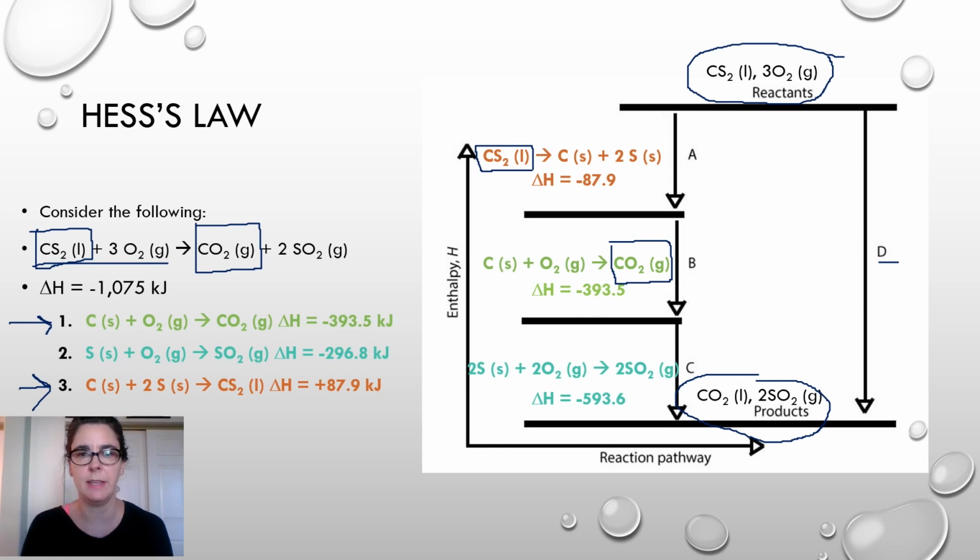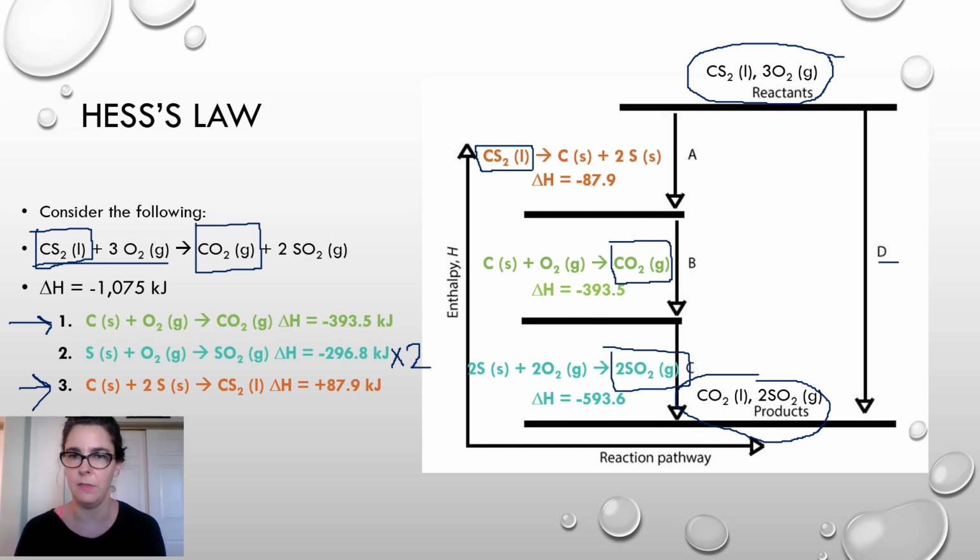That would be our step C: 2 sulfurs reacting with 2 oxygens to give us 2 sulfur dioxides. Because we need to make 2 sulfur dioxides, the enthalpy of this one is double. Since we have double the quantities, 2 sulfur, 2 oxygen, 2 SO2, we had to double that reaction and double the enthalpy.